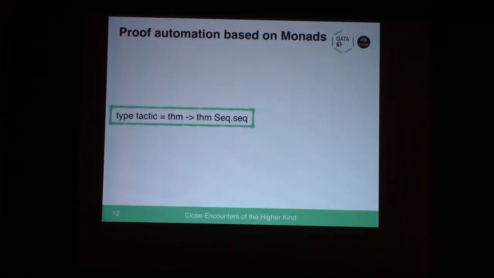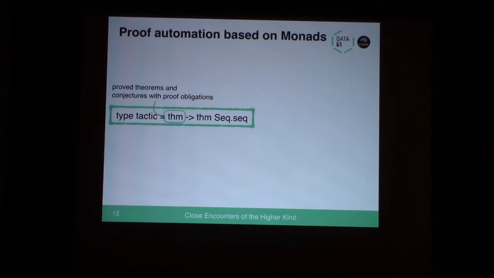Okay, I talked a lot about ML, and now I want to talk about how I improved proof automation in Isabelle. In Isabelle, when we prove theorems, we apply tactics. Tactics are functions from a value of type thm to a lazy sequence of values of thm. The type thm represents both proved theorems and conjectures with proof obligations.